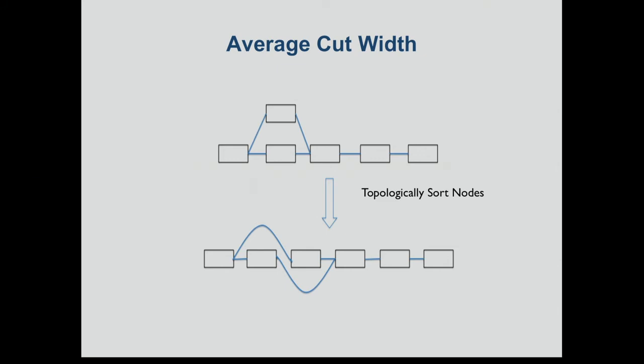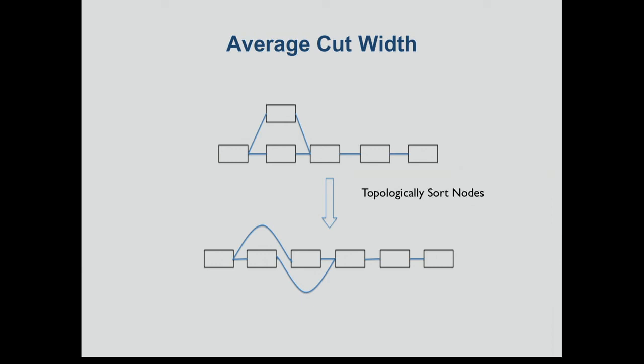Then you can ask, for any position in this topological sort or linear ordering of the bases of the graph, how many edges cross that? In a very simple linear graph, it would always be one edge crossing.